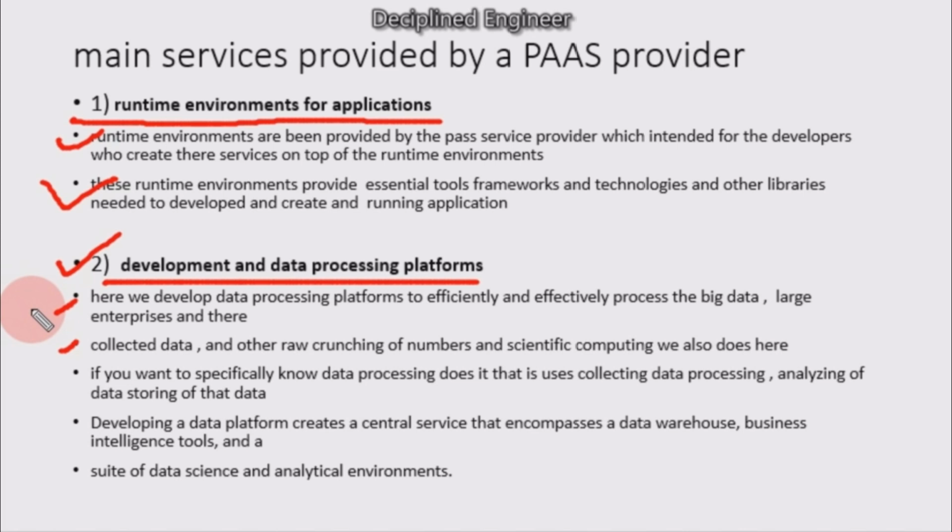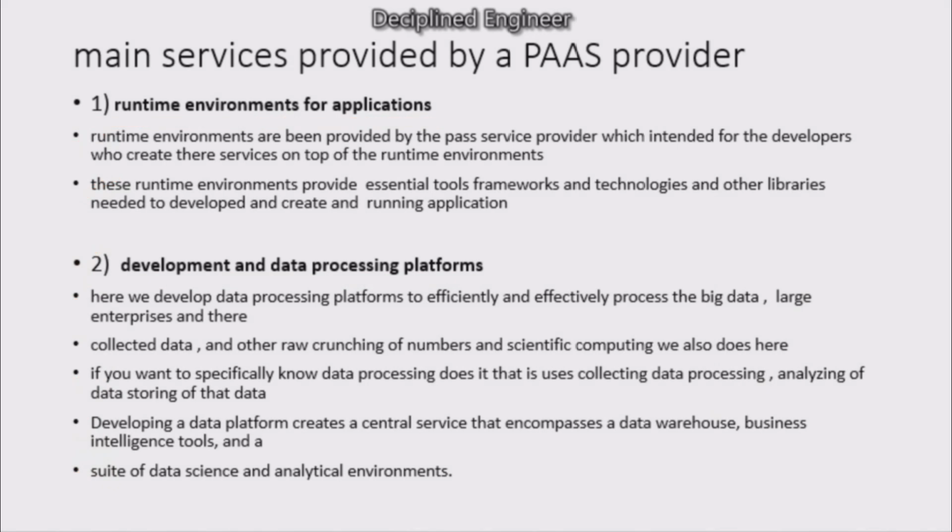If you want to specifically know how data processing works, it uses collection of data, analysis of data, storing of the data, and developing a data platform that creates a central service encompassing data warehouses, business intelligence tools, and suites of data science and analytical environments. All these things come under the development and data processing platform.